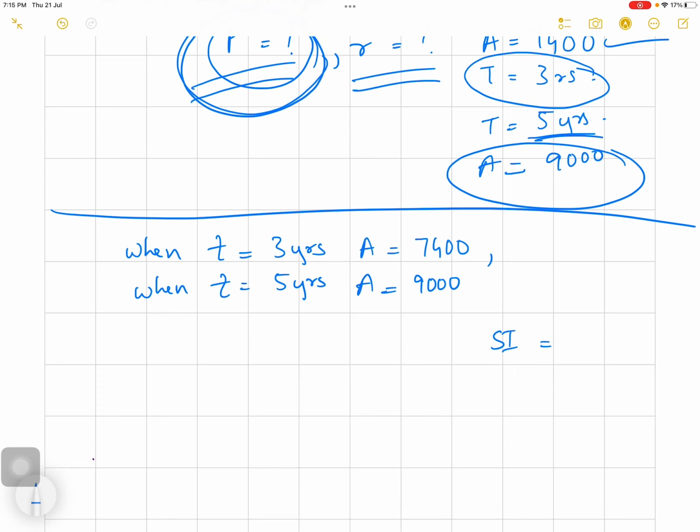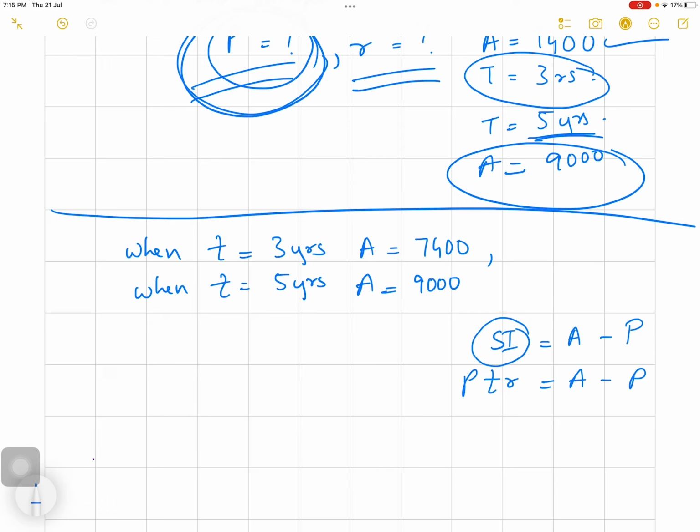Simple interest is equal to amount minus principal, correct? And what is the value of simple interest? P into T into R. So P into T into R is equal to A minus principal.